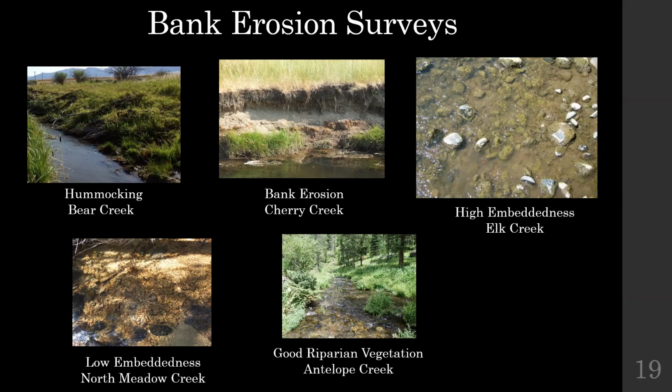Just really steep banks, such as in this example from Cherry Creek, high embeddedness areas where the substrate on the bottom was completely covered in fine sediment, but then also many really good observations of low embeddedness or good riparian vegetation. So a lot of these streams had good areas where they did not have a lot of bank erosion, but then they had areas where there was a lot of bank erosion and more opportunity for projects.